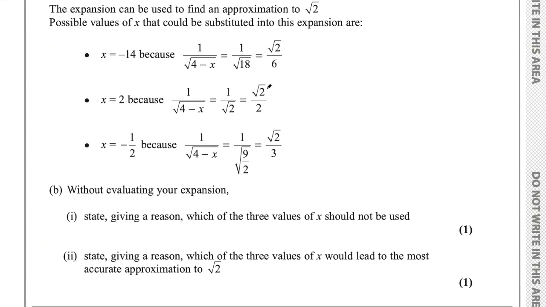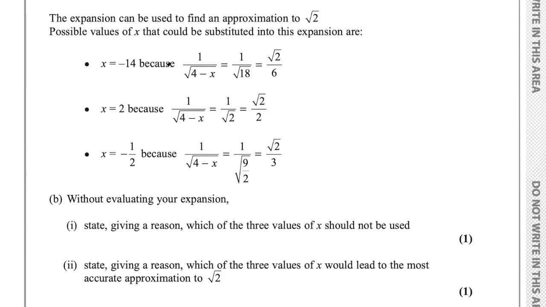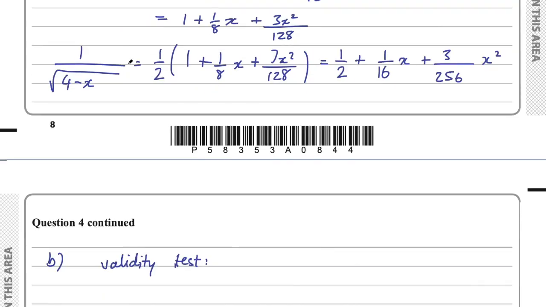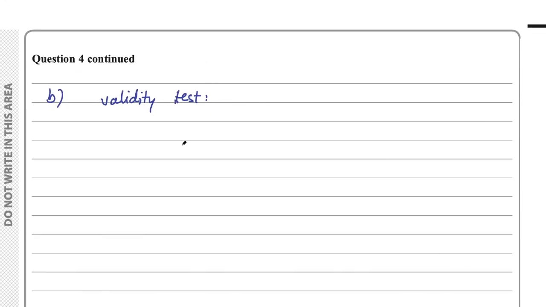So going back to the question again, I'm thinking 14 is not going to give us a value here between -1 and 1. Firstly, let's state what this test is. We want ax to be between -1 and 1.